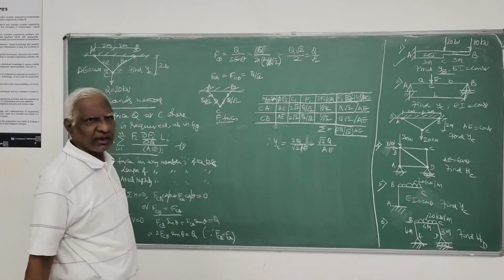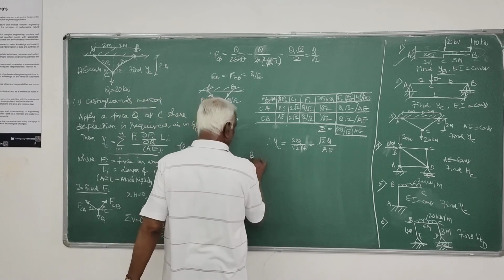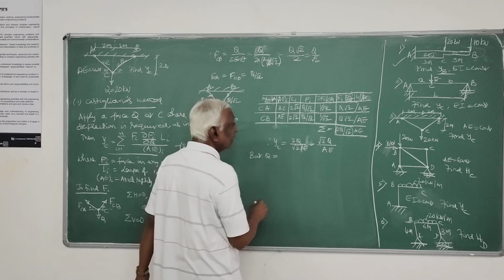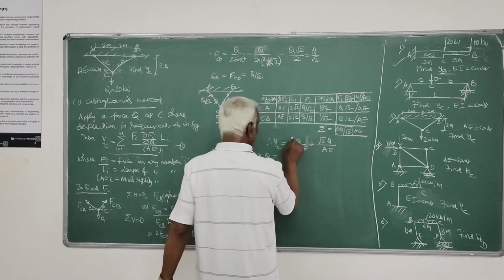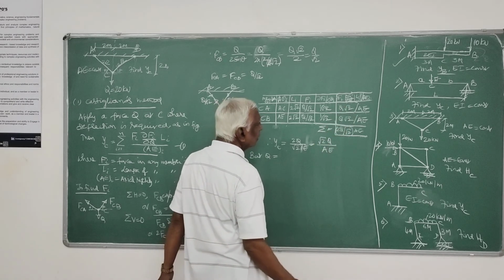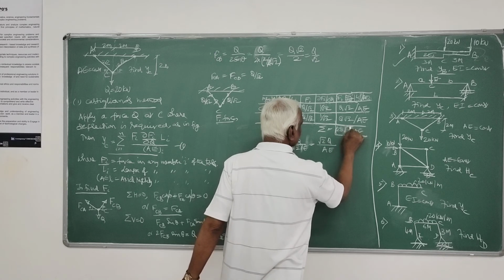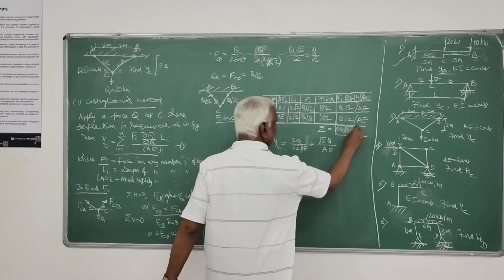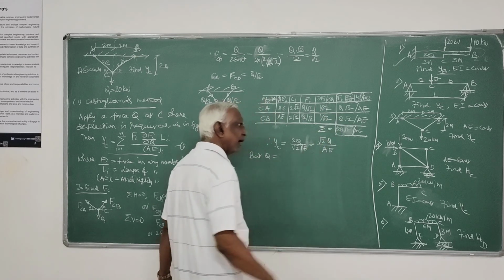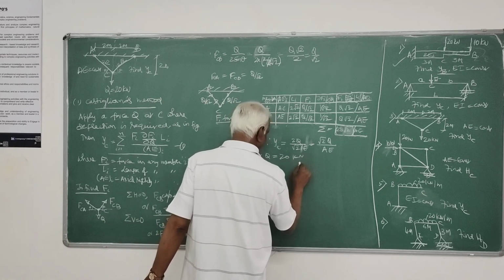Now we can put the value of Q. Q value is given there as 20. Sir, the sigma value: this sigma equals 2Q. 2Q by root 2, not 2Q root 2. Yes, sir, this is 2Q root 2 divided by 2, divided by AE. But Q is equal to 20 kilonewtons.